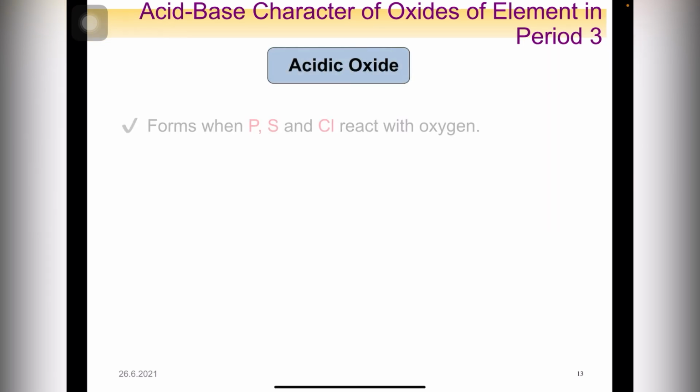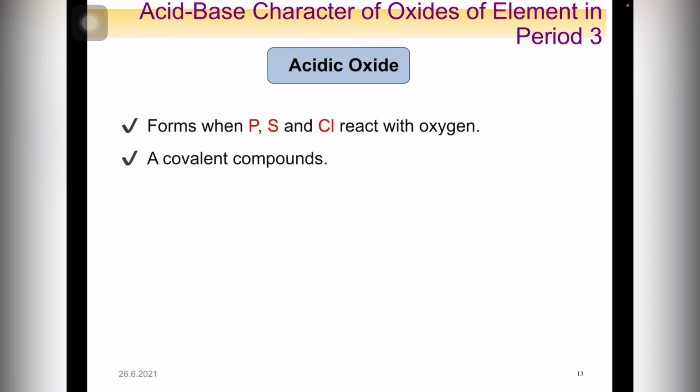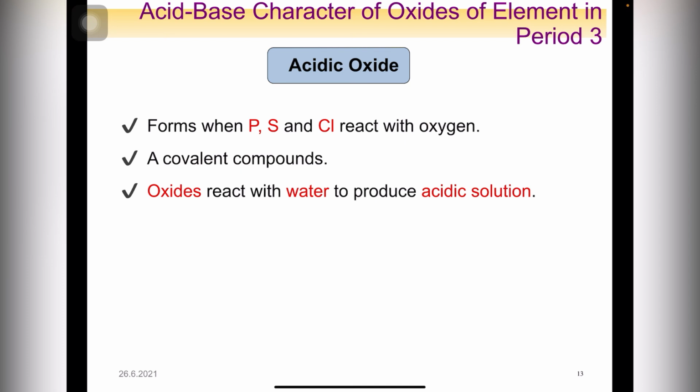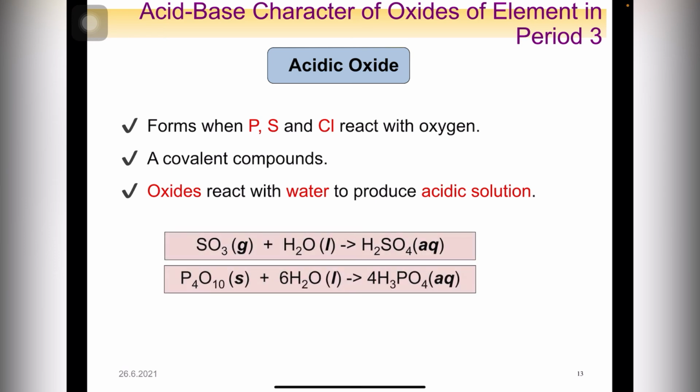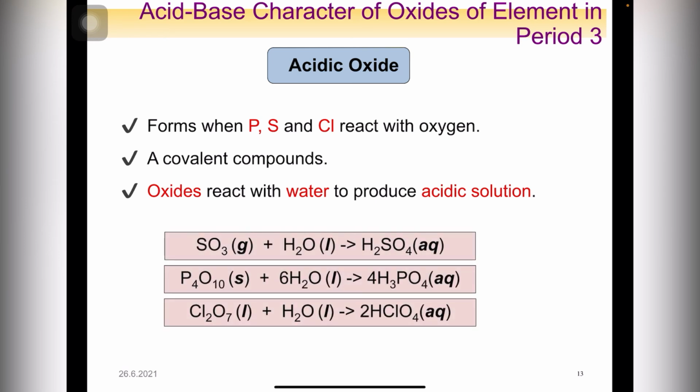Then the other acidic oxides are formed when these three elements react with oxygen. So it is covalent, not ionic. It is molecular, and the type of compound is a molecular compound. And the oxide reacts with water to produce acidic solutions. So these equations show that it forms acidic solutions.